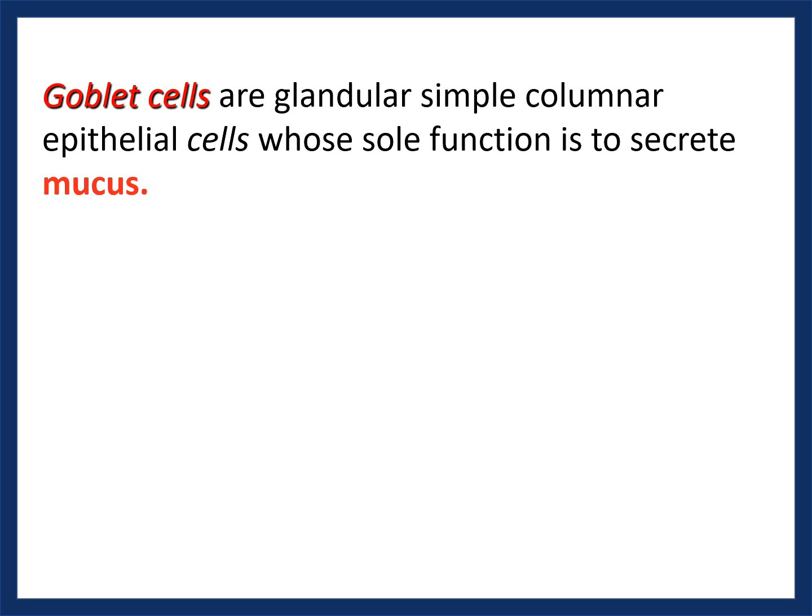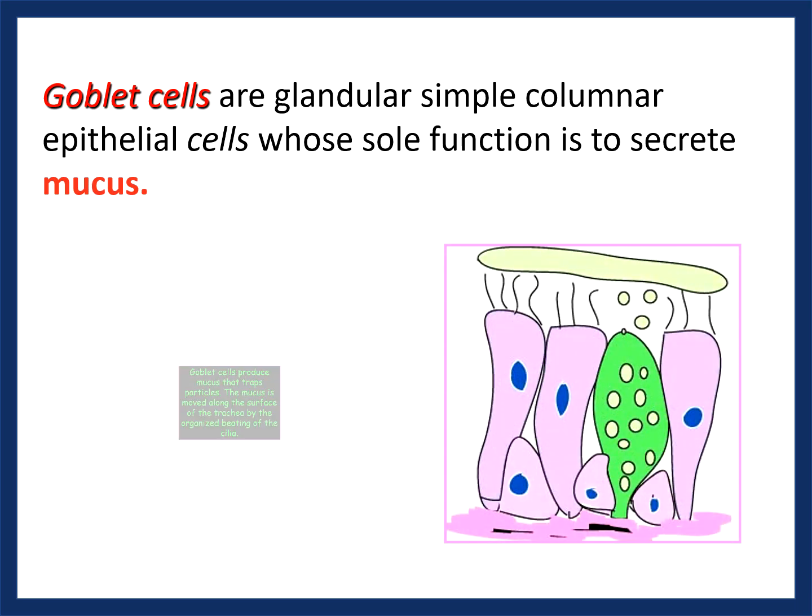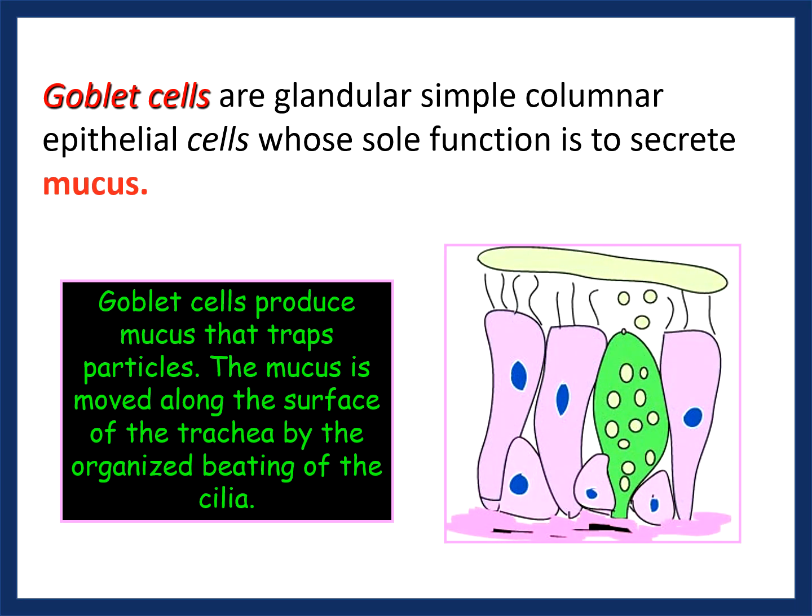Circling back to these mucous membranes that have those goblet cells, I just want to talk about the goblet cells a little bit more. So goblet cells are glandular, simple columnar epithelial cells, and their sole function is to make mucus. They are mucus making machines. So this mucus will trap particles.